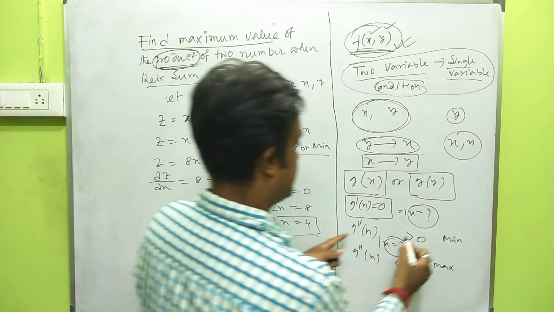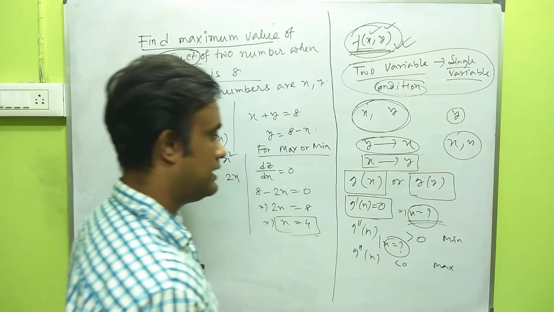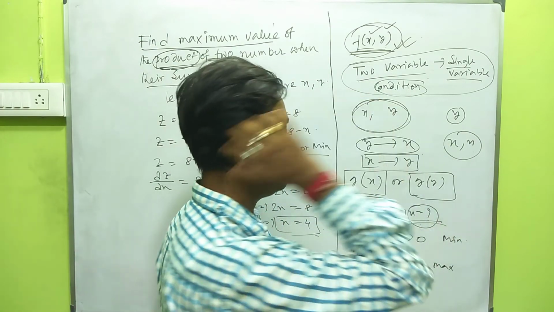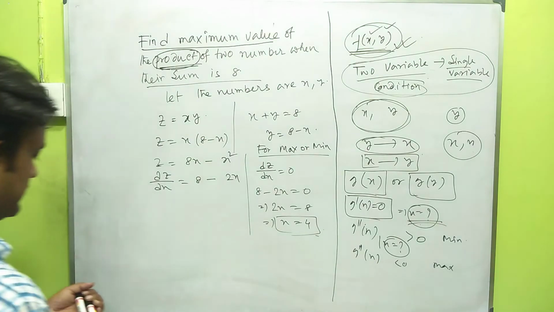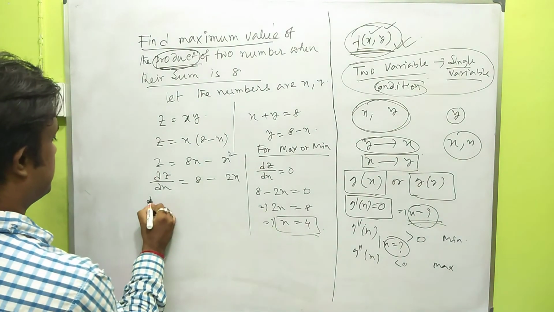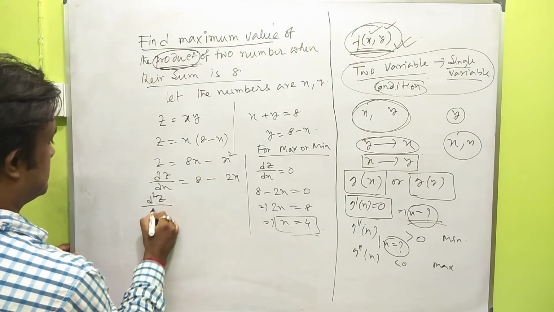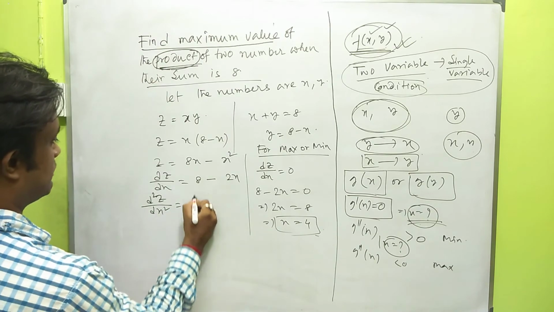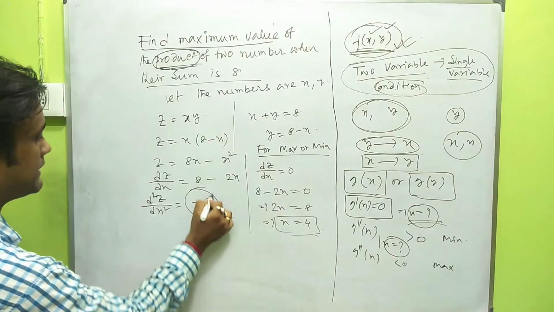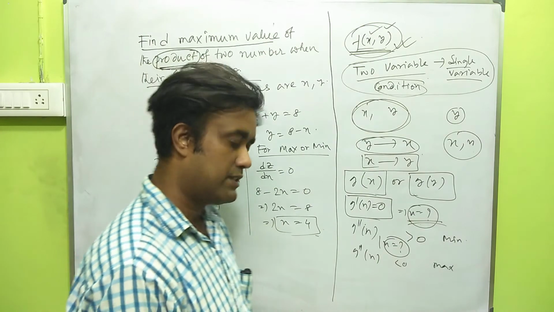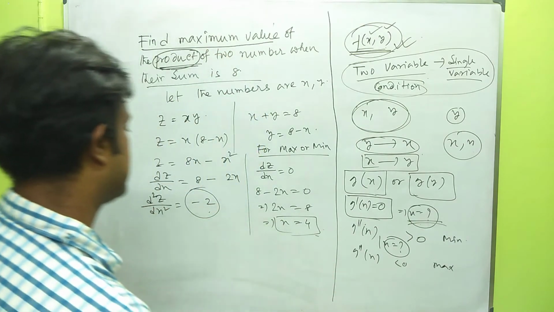So we reach this stage and we get x. Now again the derivative: d2z by dx2 will be minus 2, and it is independent of x.